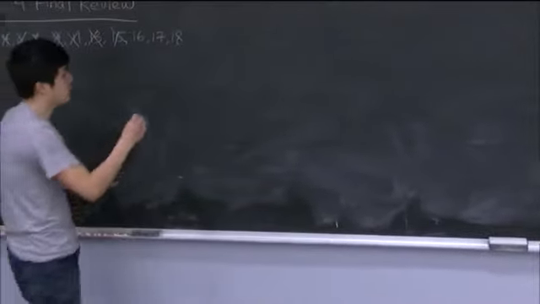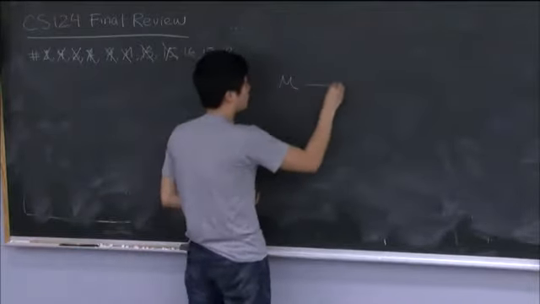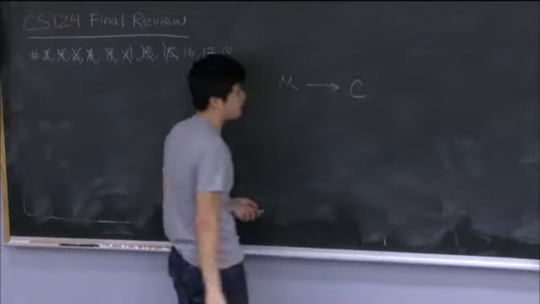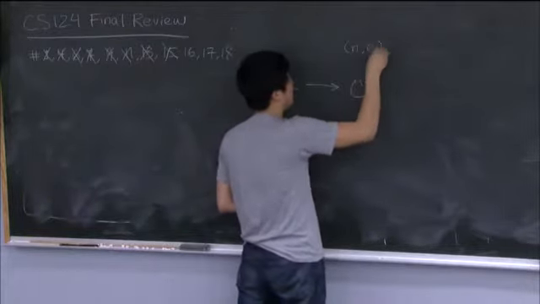Remember, the setup for RSA is that we start with some message M, and we use RSA to give us some encryption C. The way we did that was we have some public key and some private key. Here's our public key.